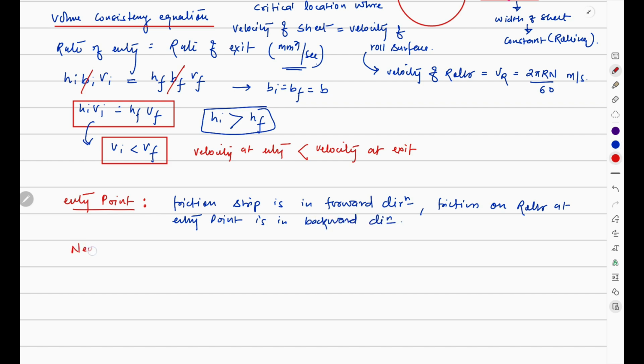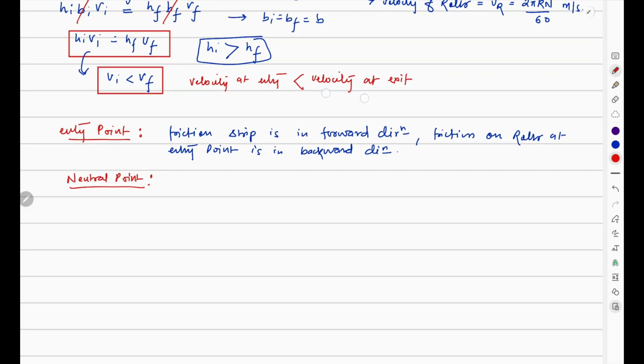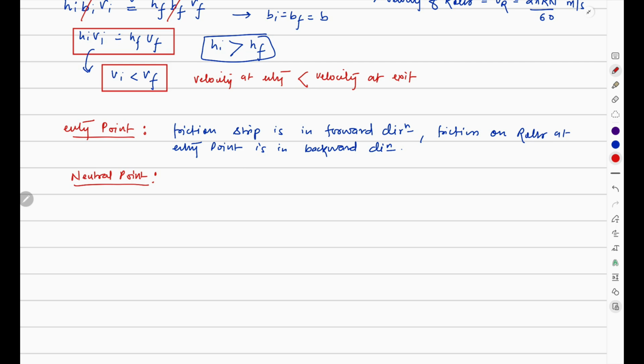For the neutral point, where N is indicated, that is this one, we can say that there is no friction direction, and this is the point at which the direction of the friction acting changes. So the direction of friction changes at this point.